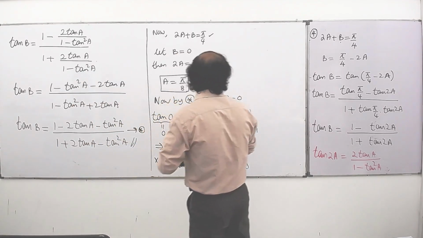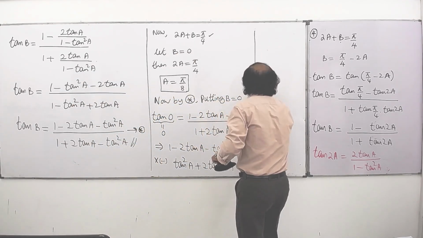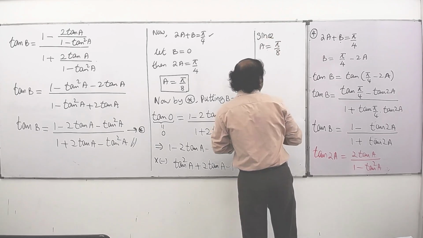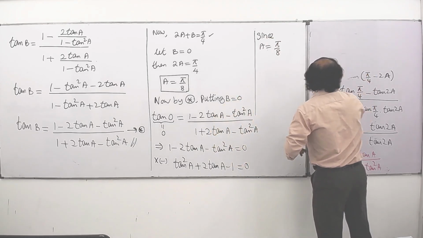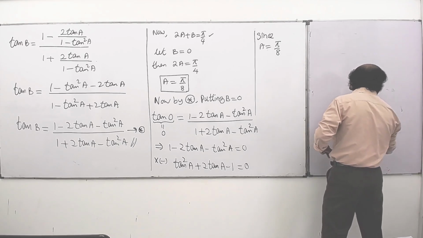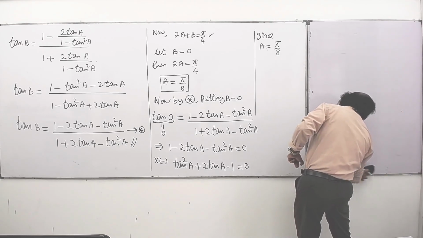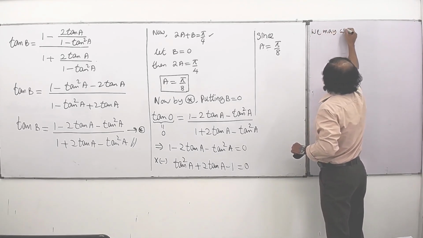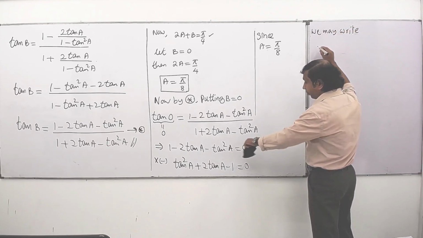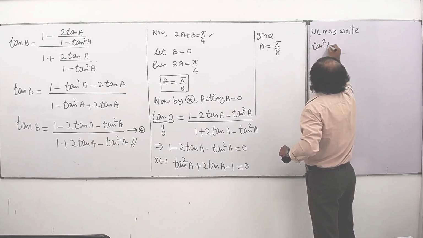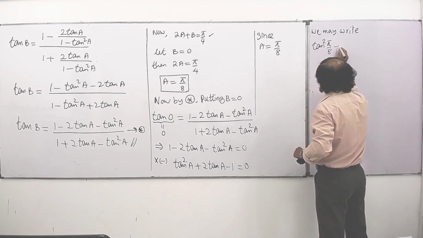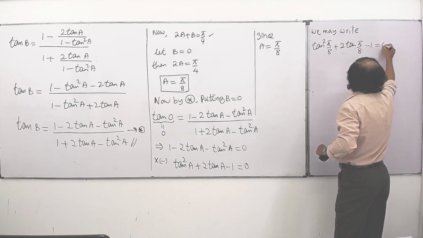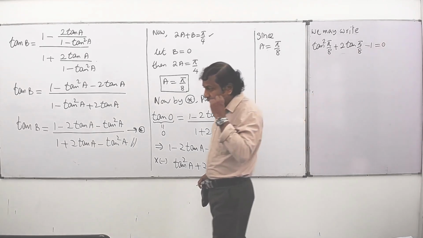Since A equals pi by 8, we may write, substituting for this A, pi by 8: tan squared pi by 8 plus 2 tan pi by 8 minus 1 equals 0. All right. Now the same equation I can write, putting in x.